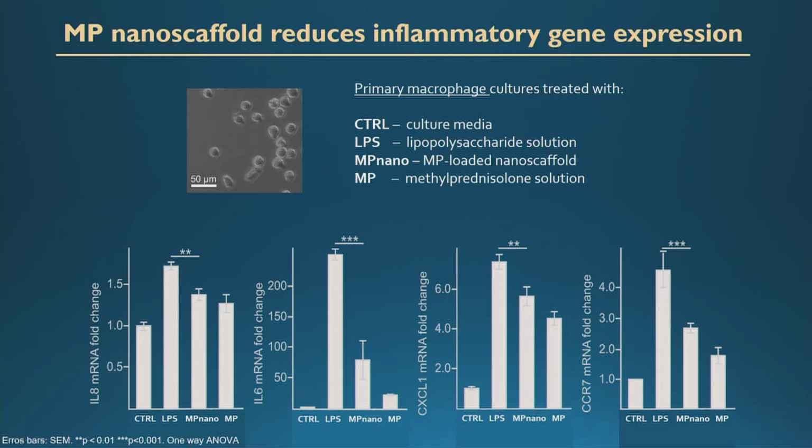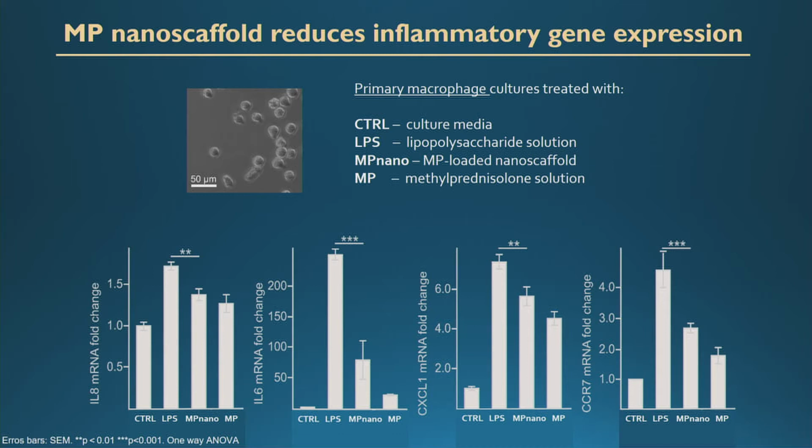So they used a control group only with culture media to induce upregulation of pro-inflammatory gene expression. They added LPS to these cell cultures, and then they treated with either a solution of methylprednisolone or the methylprednisolone in our scaffold.